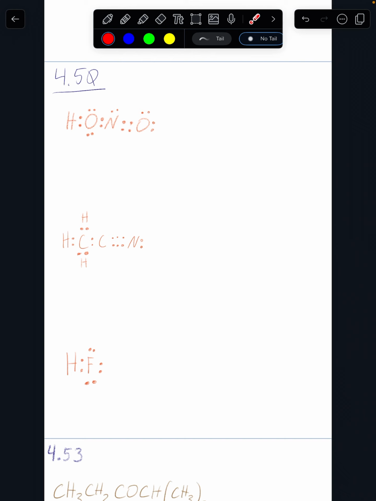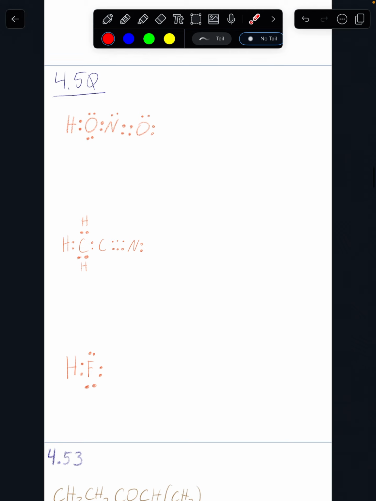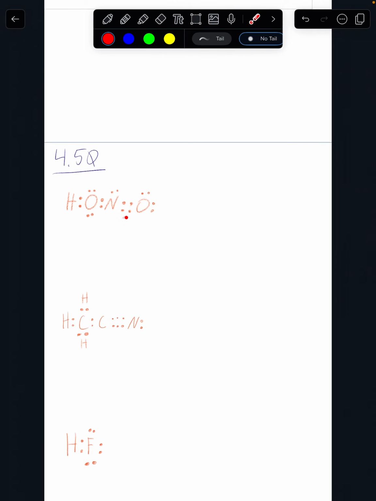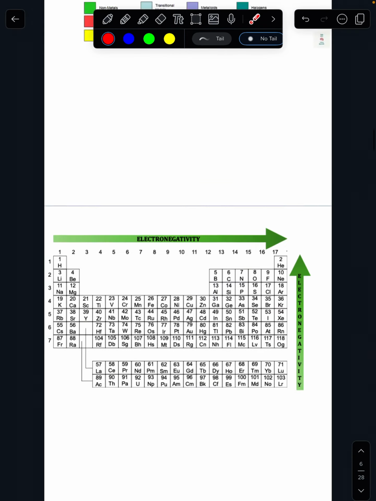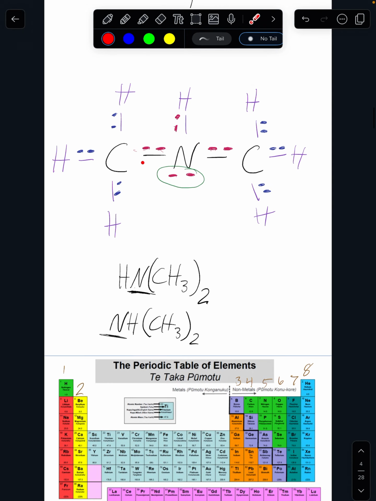And it wants you to turn it into a structural formation that is also showing the bonded electrons and the lone pairs. So basically it's just showing where all of the electrons are, and in this case moving it to something like this.